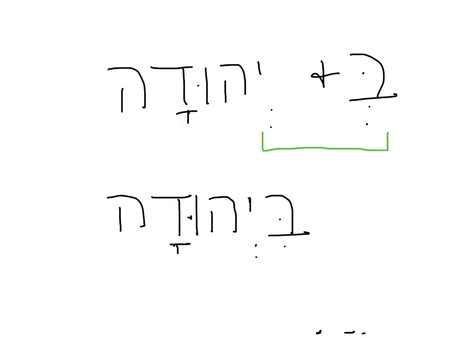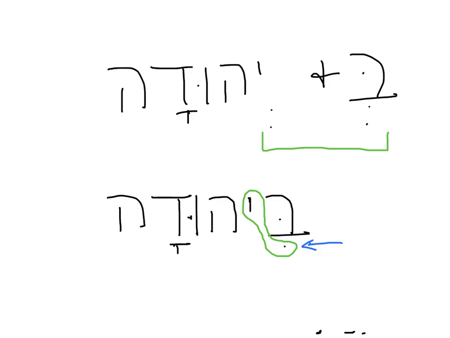But in this case, because Judah began with a yod, now that creates a long vowel, a hirik yod, and so what happens is then the shva under the yod drops out because this hirik takes over the yod, and the yod becomes part of the vowel.